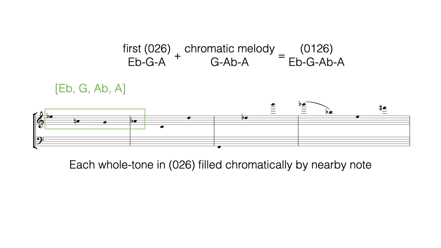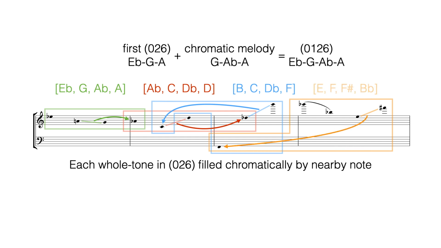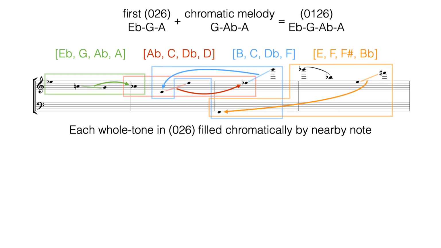Within the four 026s, each whole tone is filled in chromatically by a nearby note, creating a network of 0126 that is isographic with the network of 026. Here are the four forms of 0126.